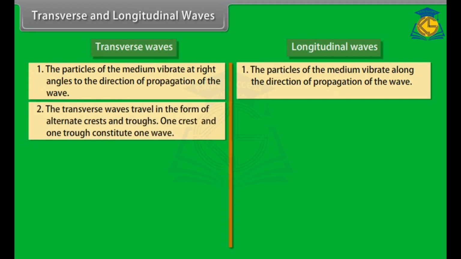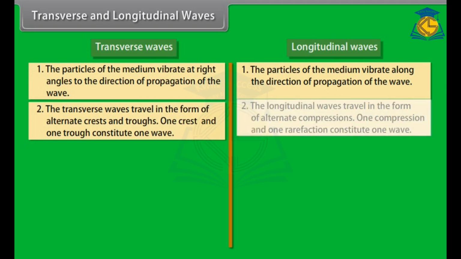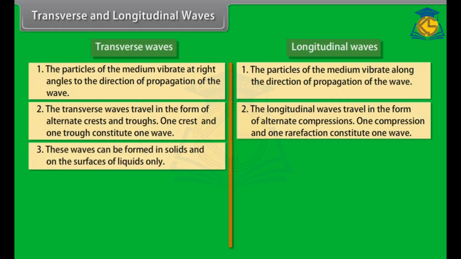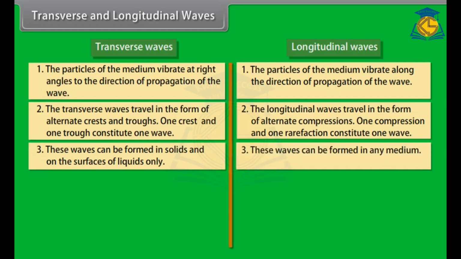The transverse waves travel in the form of alternate crests and troughs. One crest and one trough constitute one wave, whereas the longitudinal wave travels in the form of alternate compressions and rarefactions. One compression and one rarefaction constitute one wave. Number 3. Transverse waves can be formed in solids and on the surface of liquids only, whereas longitudinal waves can be formed in any medium.